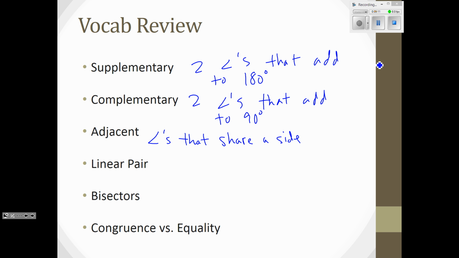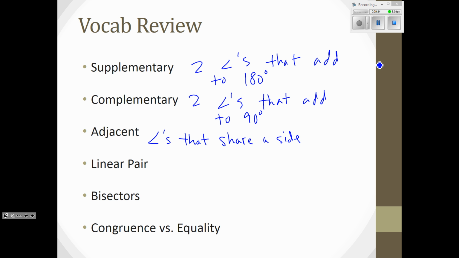You're sharing a side. Okay, has anybody ever heard of a linear pair before? Yes? Even if you haven't, can we break it down using what we know about these words? It is something that is linear, and there are two of them. We are talking about angles mostly right now.